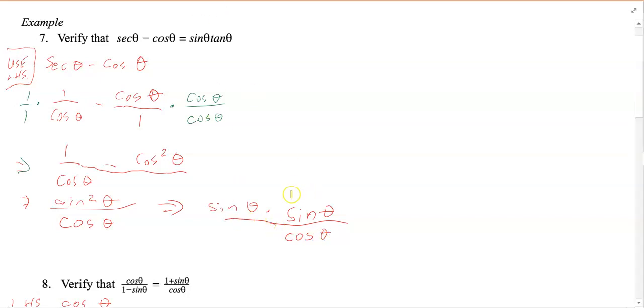And then this part, sine theta over cosine theta, is the same as tan theta. So we arrive at our right-hand side, which is sine theta tan theta, and we are done. Once we get to the expression on the right-hand side, we are done.